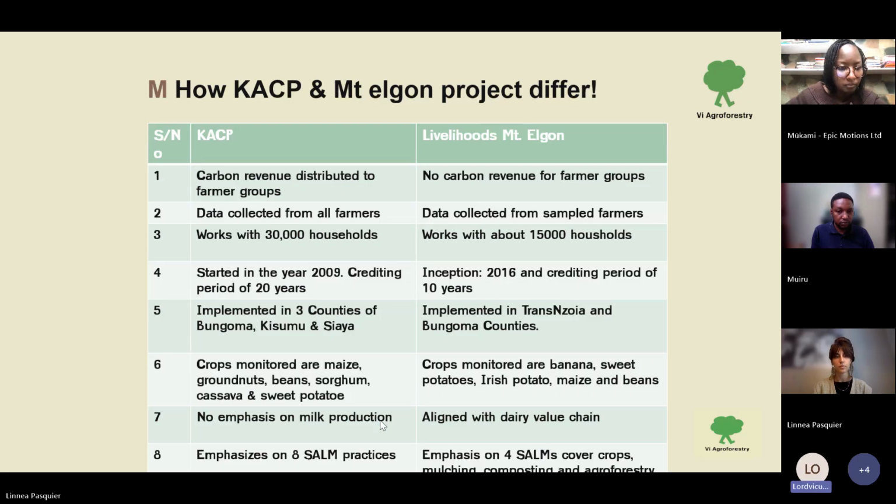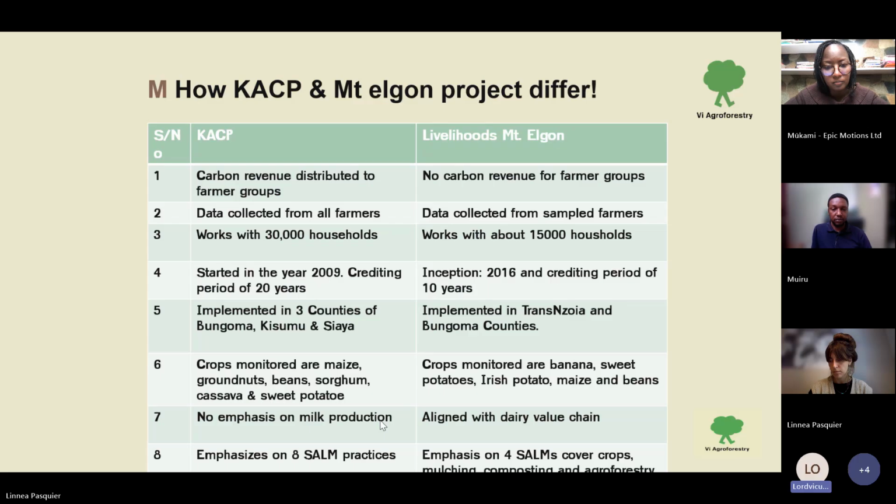Then too, the way we collect data from these farmers: for Kenya Agricultural Carbon, we collect data from all farmers, a total of 30,000 households, and this is used for accounting for the carbon generated. But for the Livelihoods project, they are doing sampling. They just sample a few farmers and collect data from those farmers.